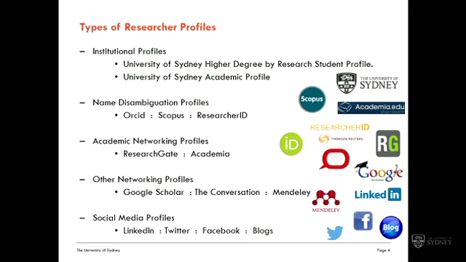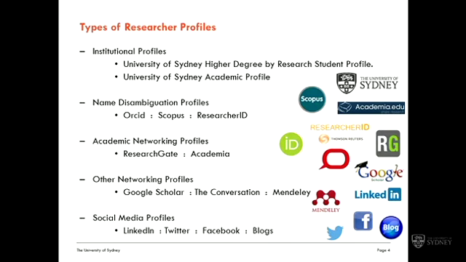There are many different types of researcher profiles available. Some are automatically provided for you, and others you will need to establish yourself. You may find that more than one profile is needed to best showcase your research, as each service has different advantages. The tools listed on this page provide you with or allow you to create profiles that you can use to showcase your output.